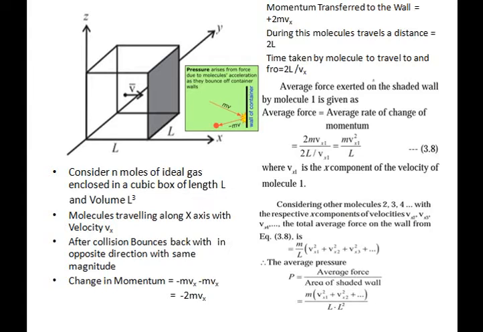The average pressure will be average force divided by the area of the shaded wall, which is nothing but m times Vx1 square plus Vx2 square plus Vx3 square up to Vxn square, divided by L cube, as seen in the slide.